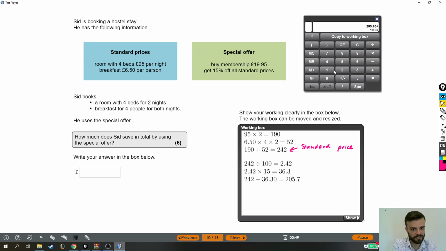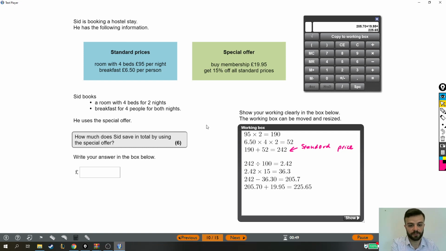So the £205.70 is how much it costs for all the rooms and the breakfast at 15% off. But he doesn't just get that for free. He has to pay on top of that this membership fee, which means this is actually how much he ends up paying using the special offer.